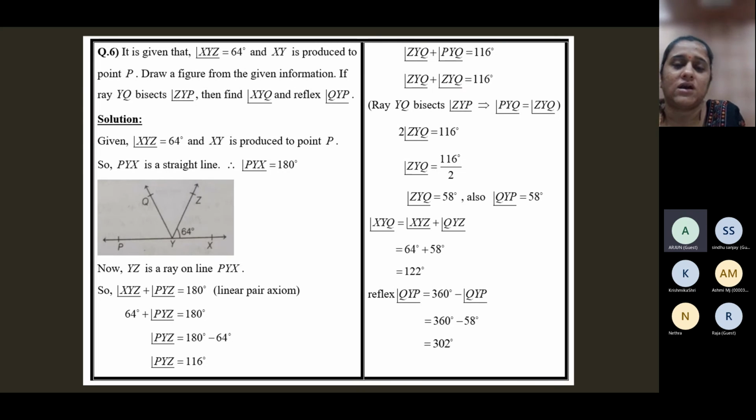Children, I need to take a permission from you today. I have some guests at home and I need to serve them dinner. So can I ask you to take a screenshot of this answer and complete this, and for the rest of 10 minutes, I'll post 2 questions as homework, about computing angles.